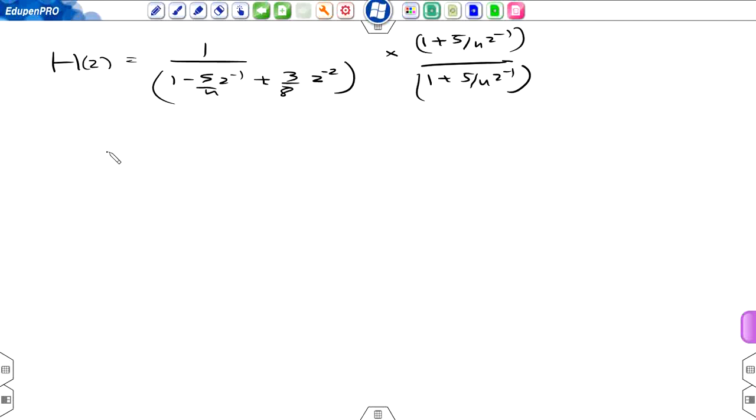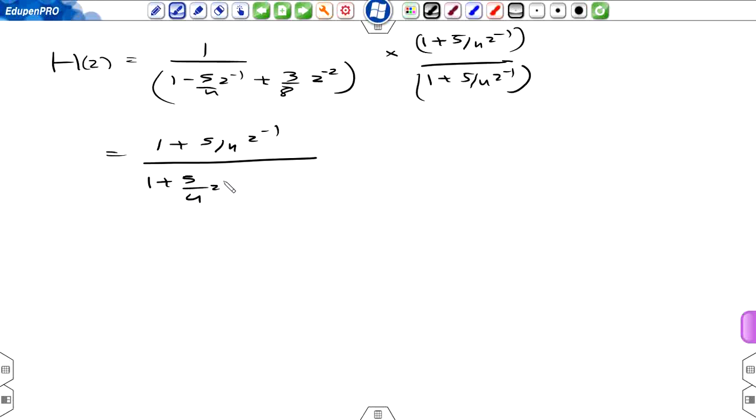So that will become 1 plus 5 by 4 Z inverse in numerator. In denominator I will have 1 plus 5 by 4 Z to the power minus 1 minus 5 by 4 Z to the power minus 1 minus 19 by 16 Z to the power minus 2 plus 15 by 32 Z to the power minus 3.